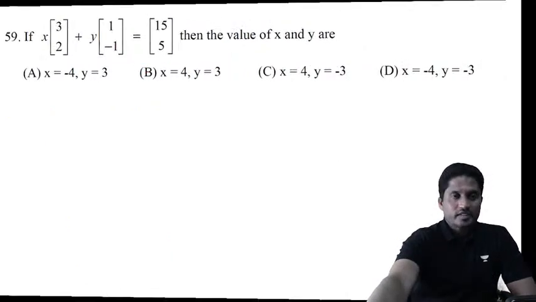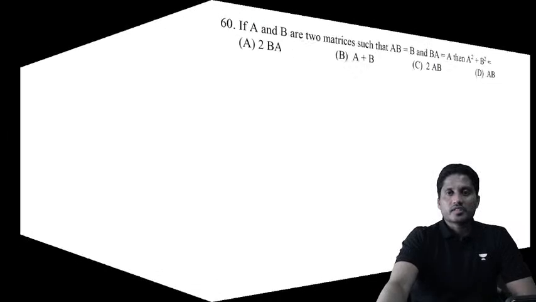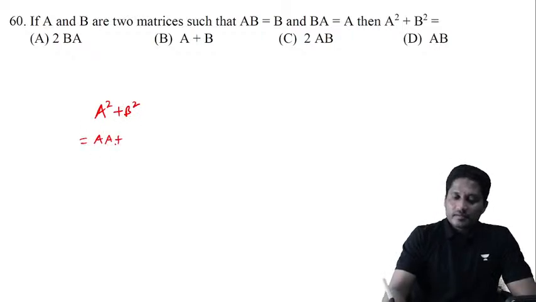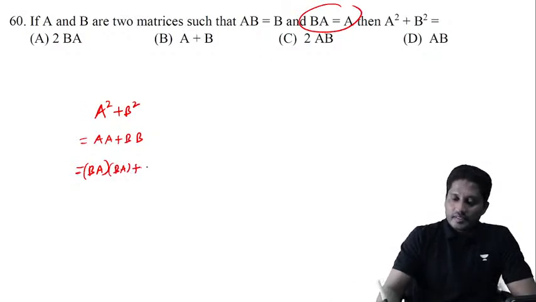Okay, and the last question, problem number 60. A square plus B square can be written as A into A plus B into B. A is same as BA, right? According to the question, A is same as BA, B is equal to AB.